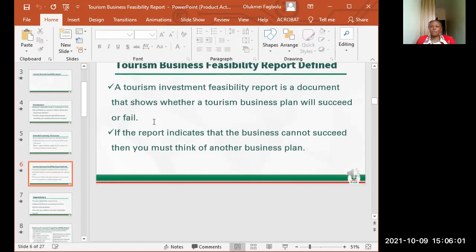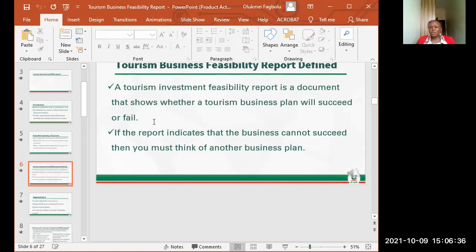So therefore, tourism business is a kind of business that requires individuals to continue thinking every day. You think of, what am I going to do in order to make sure that this business continues? What type of business can I establish in order to support the tourism sector and also make ends meet from it? So it's very, very important.